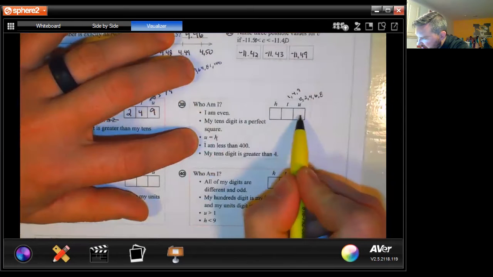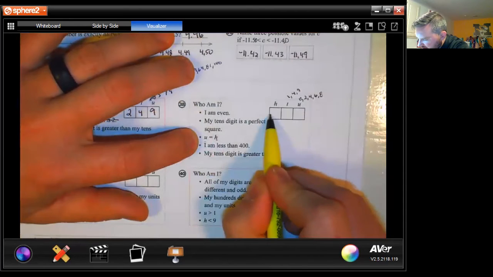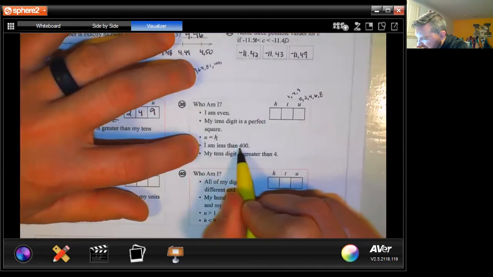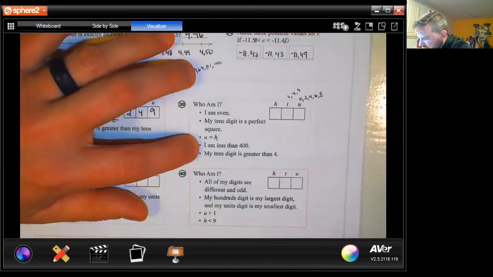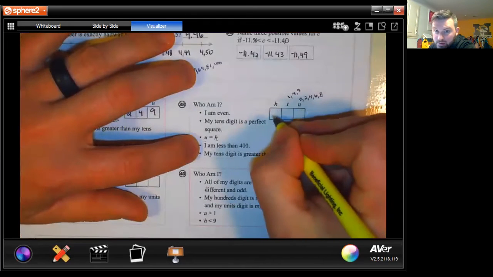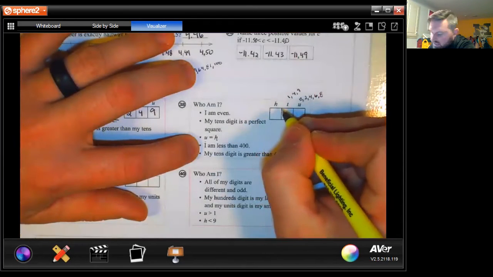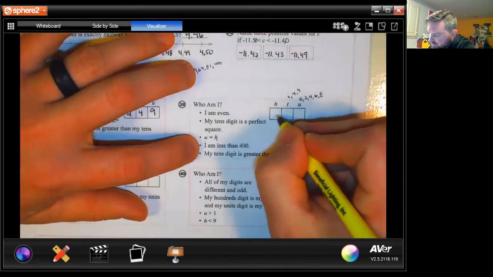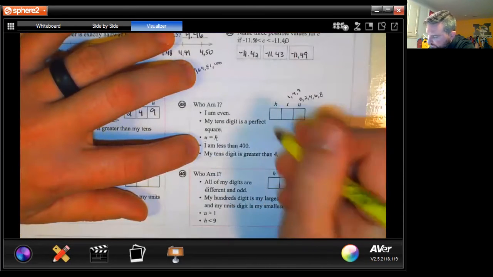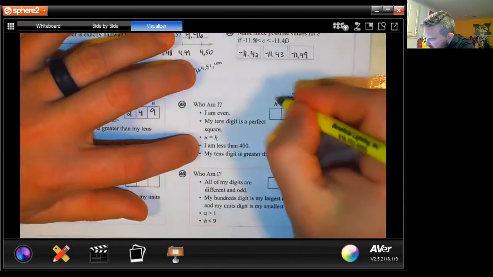So whatever this number is, this one is also. I am less than 400. So that means this number cannot be 4 or above. It could only be 3, 2, 1, or 0.